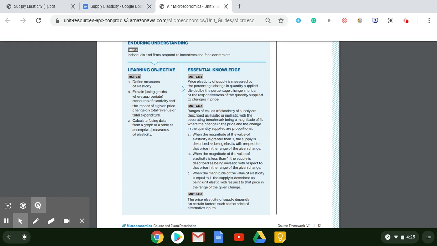Elastic means that you can change what you're producing very quickly and cheaply and efficiently based on the inputs that you have. Whereas if you have inelastic supply, it's very difficult or expensive or maybe even impossible to change your inputs so you can produce something else.